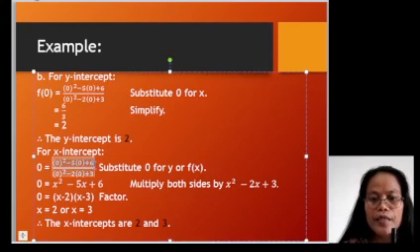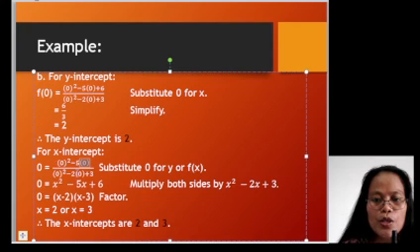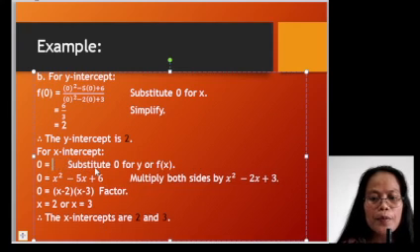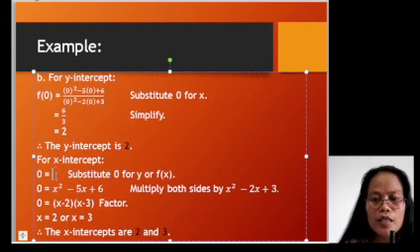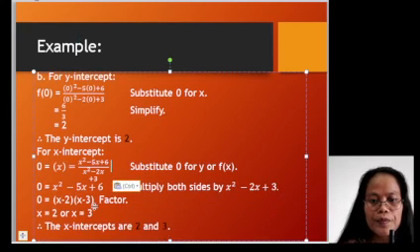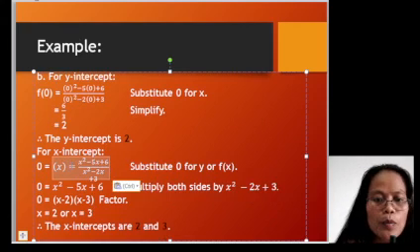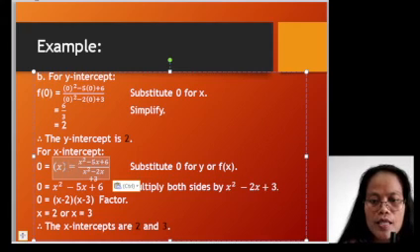So here we will substitute 0 for y, and then we need to simplify. So we need to replace here the original equation, which is this one. So we multiply both sides by x squared minus 2x plus 3, because that's the denominator of the equation.